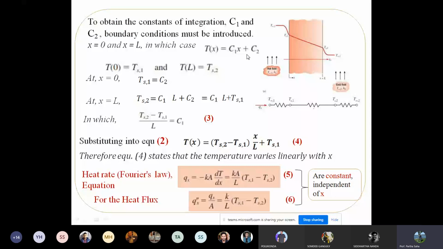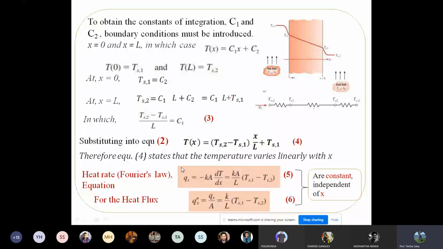So at x = 0, the temperature is Ts1, which gives C2, and at x = L, the temperature is Ts2. 1 stands for this surface and 2 stands for this surface. So Ts2 = C1L + C2, which means Ts2 = C1L + Ts1. So (Ts2 − Ts1)/L is C1.